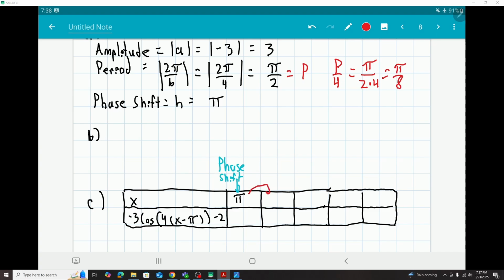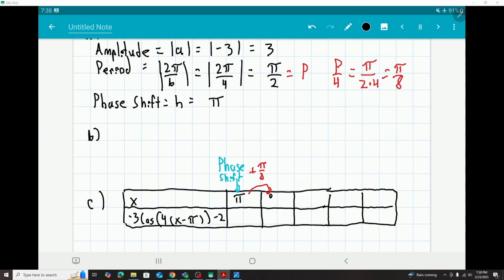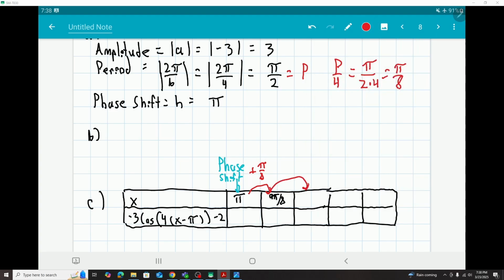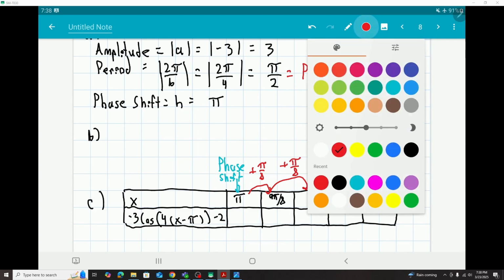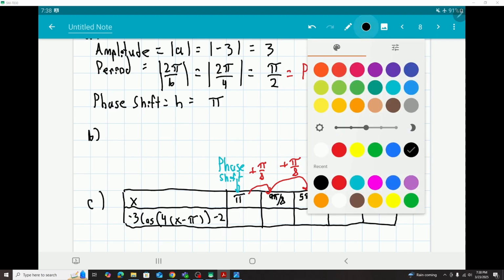So I say plus pi over 8. That would be 9 pi over 8. Plus pi over 8 would be 10 pi over 8. If we simplified that, we would get 5 pi over 4.